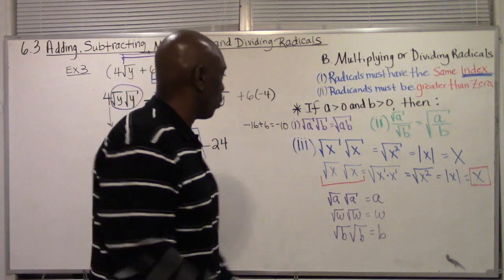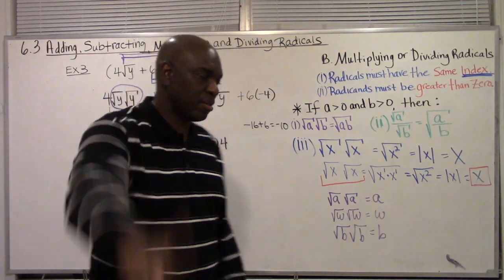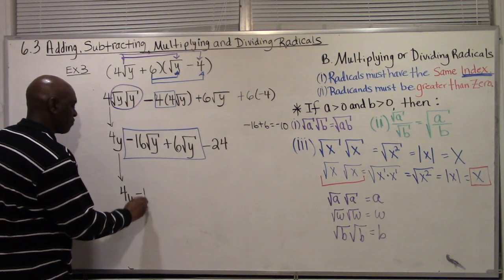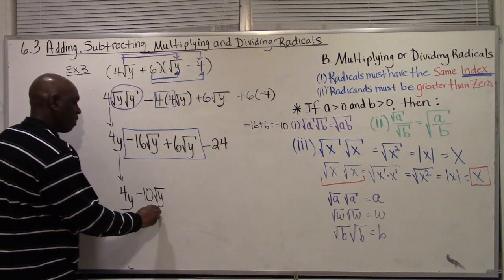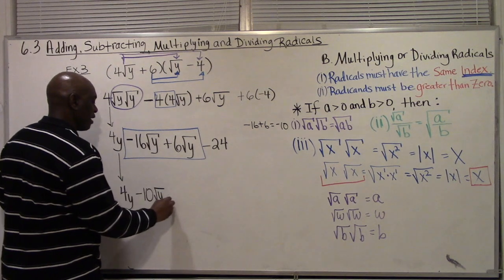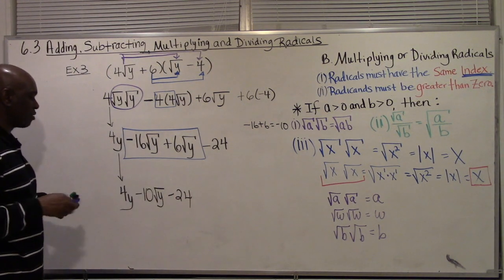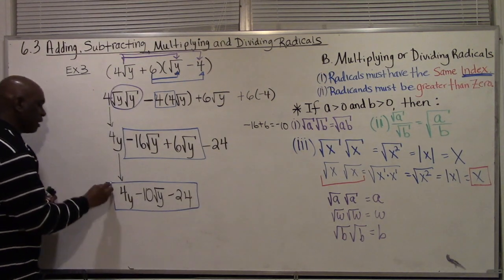You have to know what negative 16 plus 6 is without even thinking about it. It's negative 10. So that's what goes in here. So we have negative 10 square root y. And this minus 24, bring it down. Minus 24, we're done. There's our answer. Nothing left to do. Nothing left to combine.